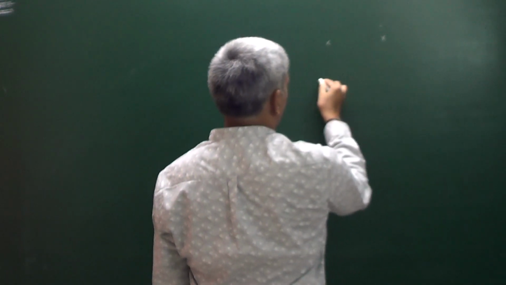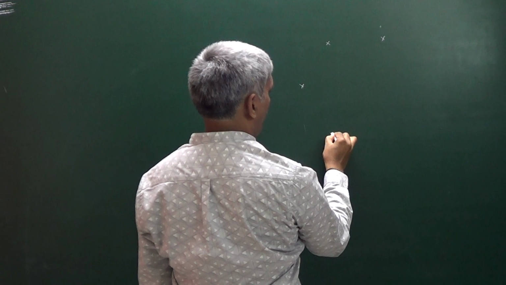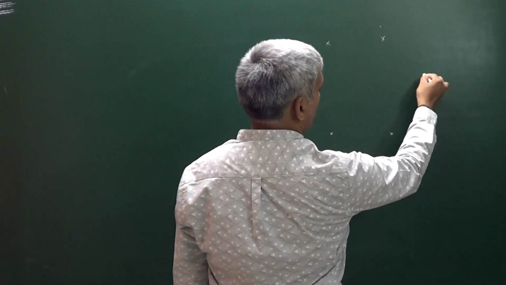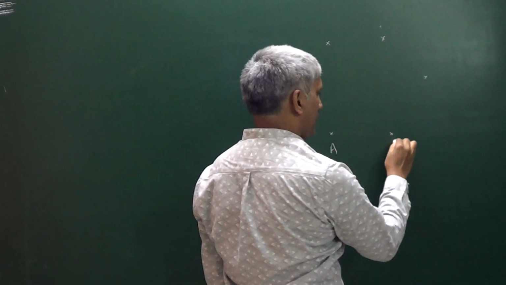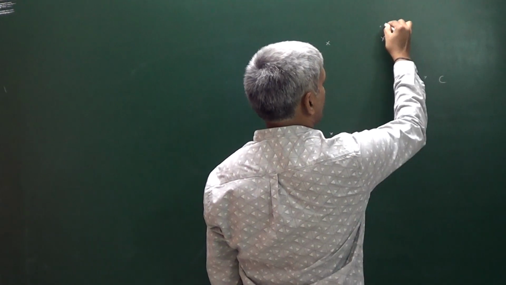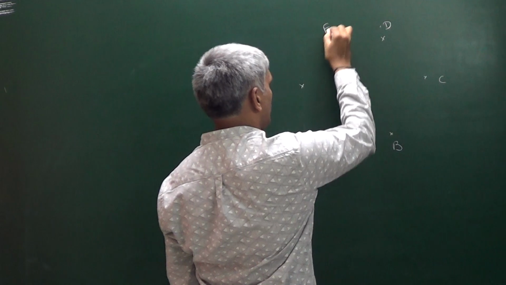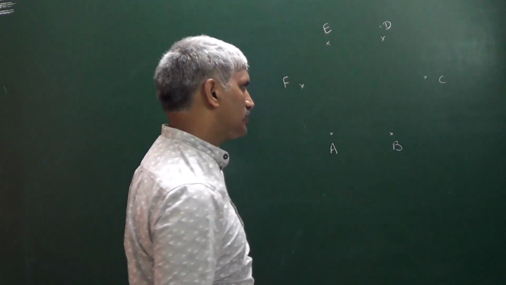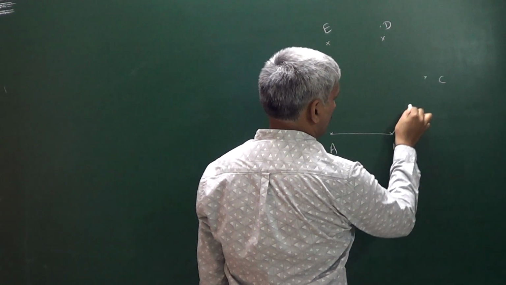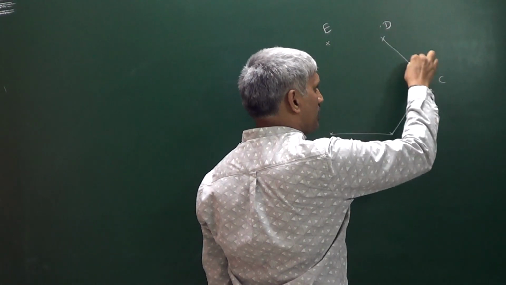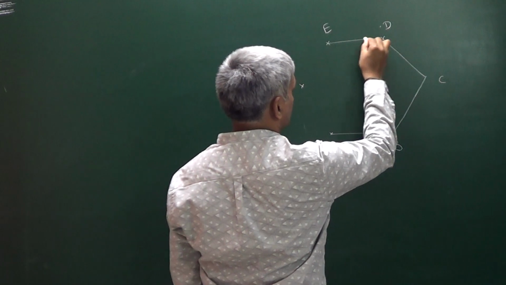Now my question is here, this is say hexagon. So A, B, C, D, E, F is the hexagon. With the help of these 6 vertices, how many triangles you will get?